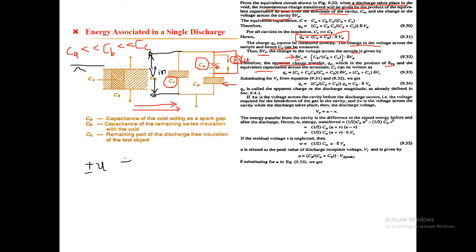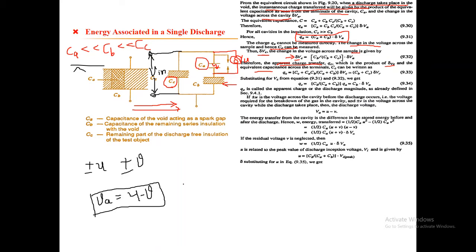Then the discharge voltage Va, the voltage at which the discharge is taking place, is nothing but the difference between these two voltages. Okay, so energy transferred from the cavity is the difference in the energy stored before the discharge and after the discharge.